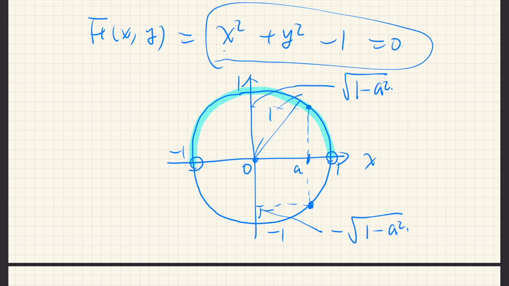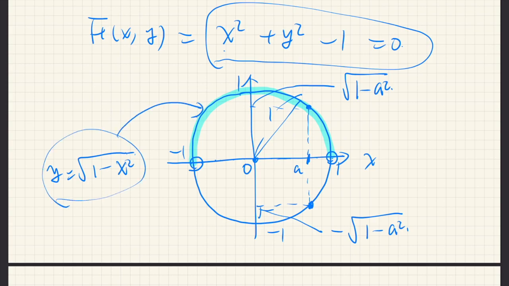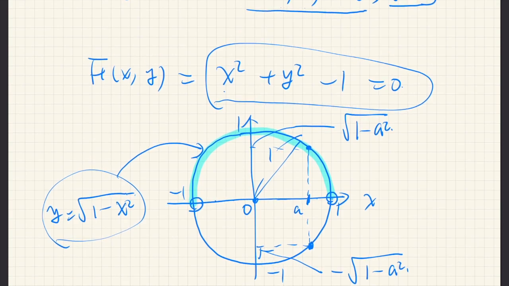Then for each value of x between negative 1 and positive 1, not including negative 1 and positive 1 themselves, this represents a function, that is y is equal to square root of 1 minus x squared. So this is the function represented by this upper part of the circle.